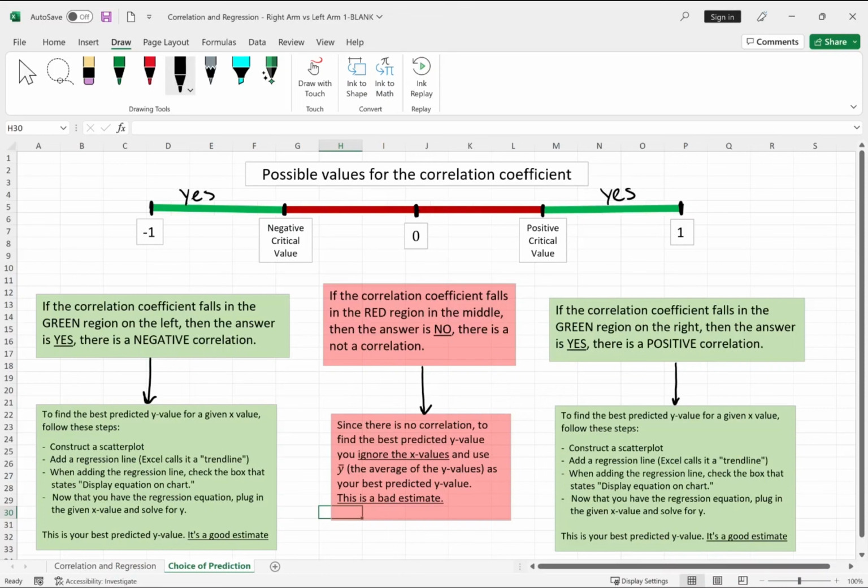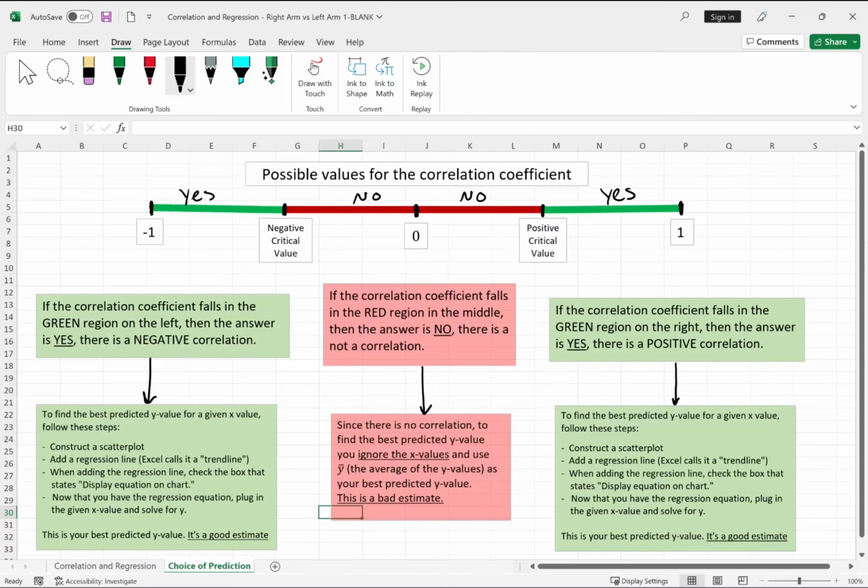And numbers farther away from the plus or -1 or closer to the 0, anything in that red range, we would say no. And those points where the no becomes a yes or a yes becomes a no, those are our critical values.